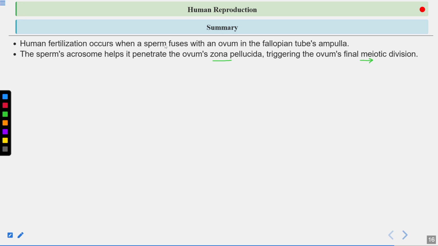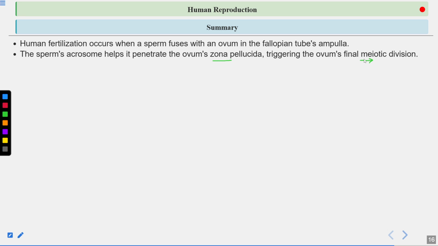So when the sperms interact with the zona pellucida, then the secondary oocyte completes its second meiotic division, and it forms ovum and a tiny second polar body.